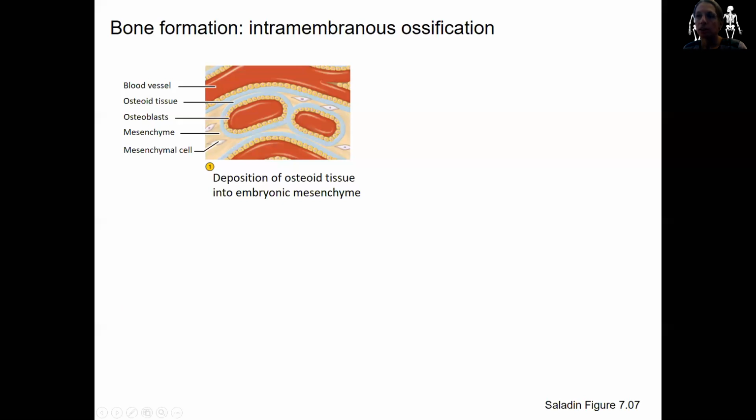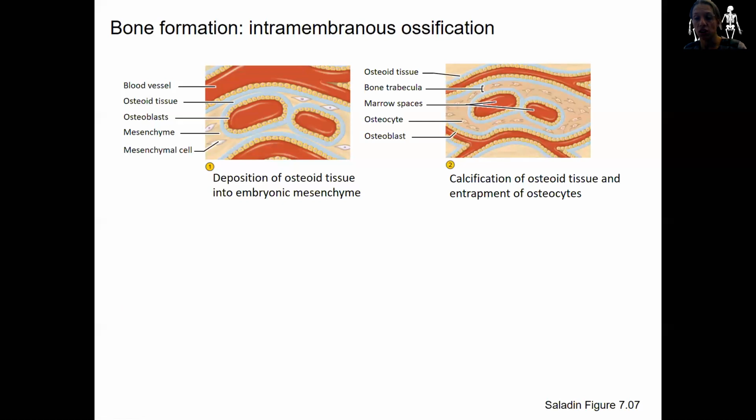Next, what's going to happen is we're going to have calcification, right? To get to bone, we have to calcify that matrix. Calcium phosphate is deposited, so the tissue is mineralized. Osteoblasts mature into osteocytes as they're trapped in this matrix.